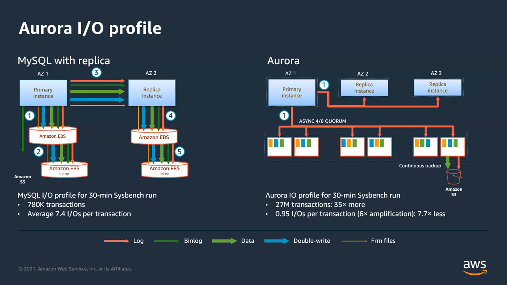Now, Aurora doesn't use EBS, and the replicas are actually readers attached to the same volume, and so they're not actually replicating their data separately. So in this case, we are just writing down the log records. Now, some people think, hey, you've got to write 6 copies of things, so this isn't going to be any faster. But we only have to write the log records.